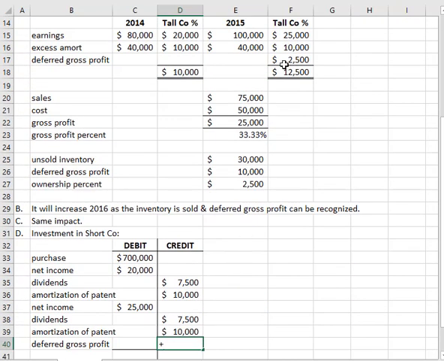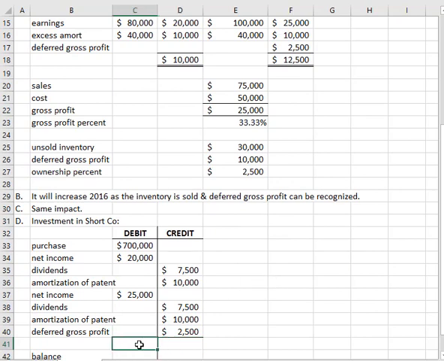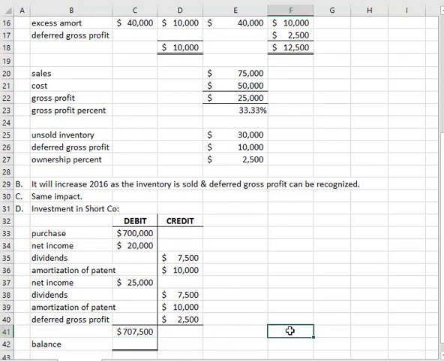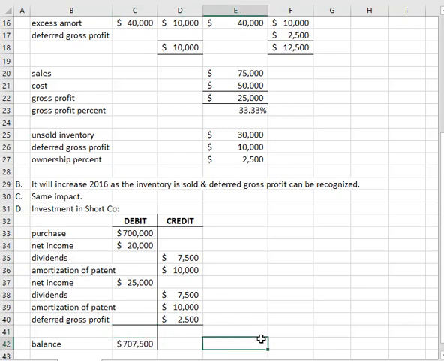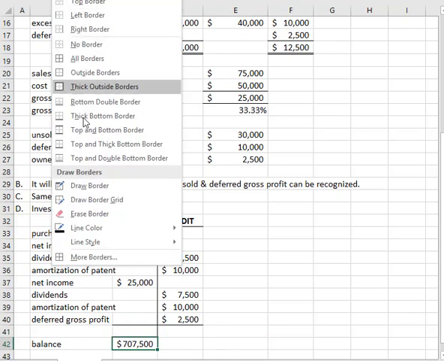And now we've got this deferred gross profit, which is a credit. So now we can do adding up all the debits, subtracting the credits, and we get a balance. I guess I should put that down there. A balance of $707,500.